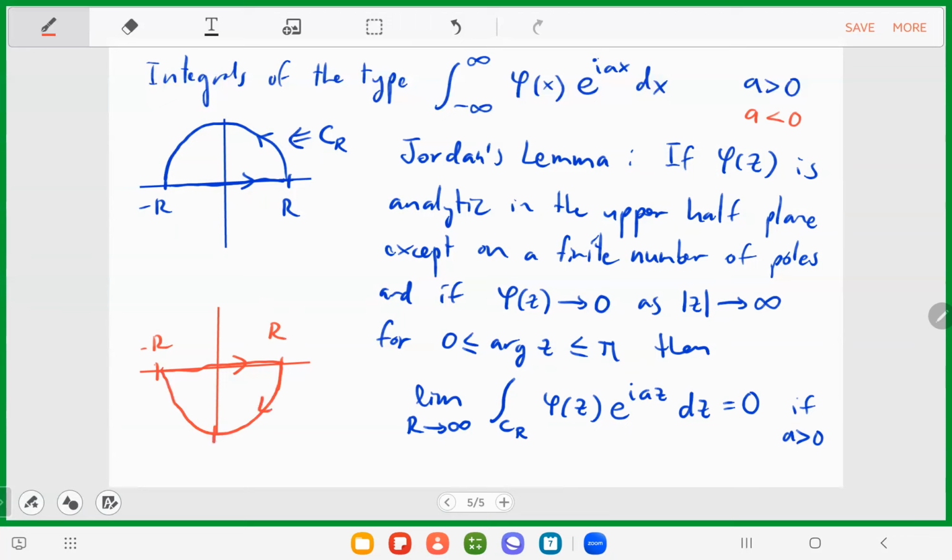But anyway, the interesting thing is that if this is CR, Jordan's lemma can apply in the lower half plane instead of the upper, and here instead of 0 and pi, we'll have pi and 2 pi, for example. This lemma is also true if a is negative, but we would use this other contour. Okay. Well, let's assume a is positive.